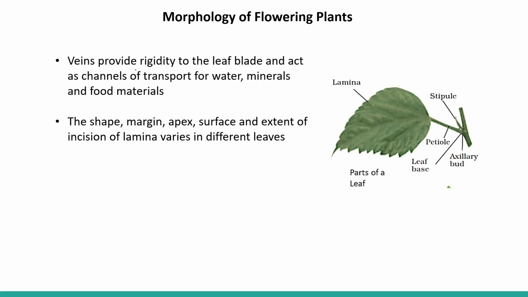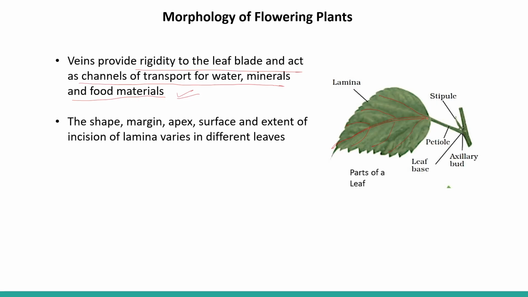So veins provide rigidity to the leaf blade and act as a channel of transport for water, minerals and food materials. Okay, so this is the main midrib, or we can say a main vein, which is called as midrib. And from this midrib, veins originate and move to the other part of the lamina.